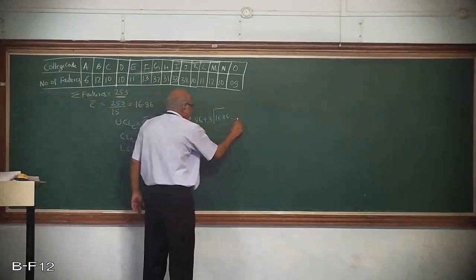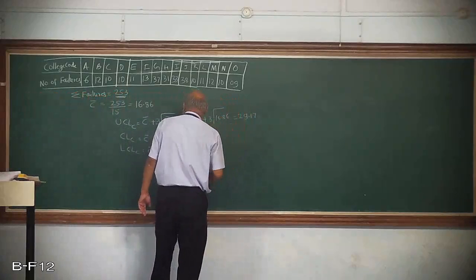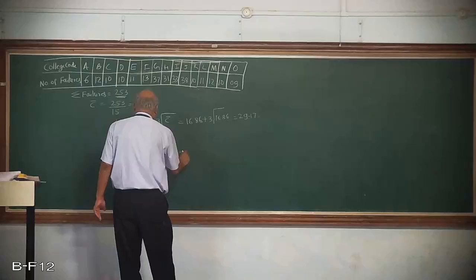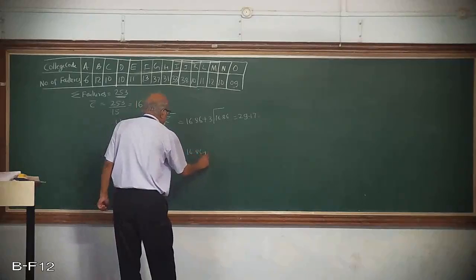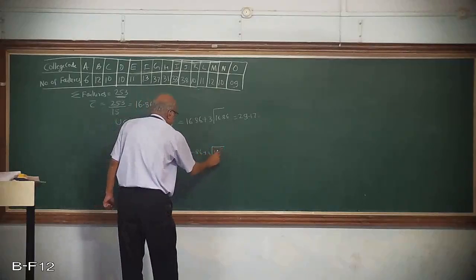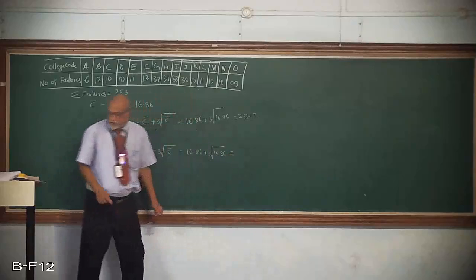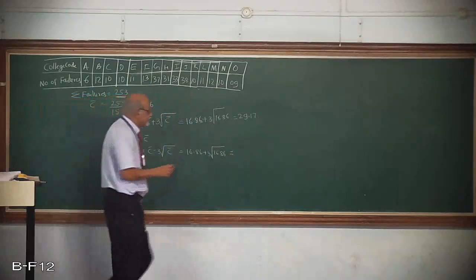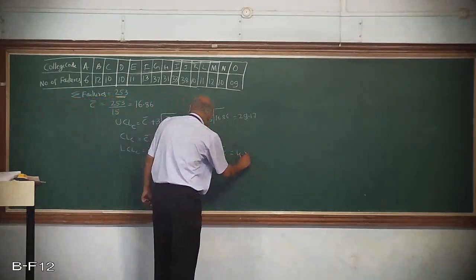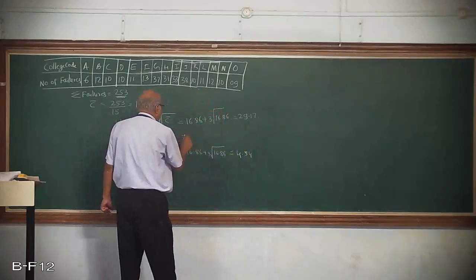And the lower limit is 16.86 minus 3 under root 16.86, which works out to be something around 4.54, and the central line is 16.86.